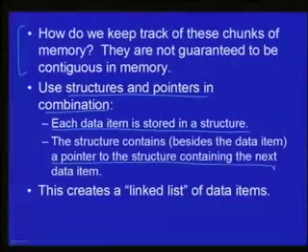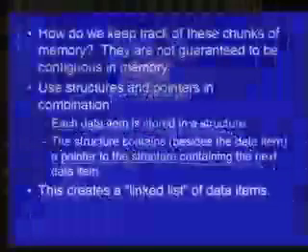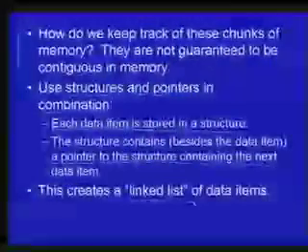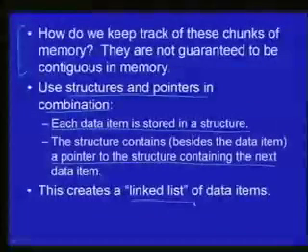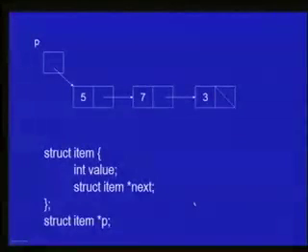And so every structure will contain a pointer to the next structure containing the next data item, and that one will contain a pointer to the third structure, and so on and so forth. And as you can see, this creates a linked list of data items. Let's see it better through a pictorial representation.